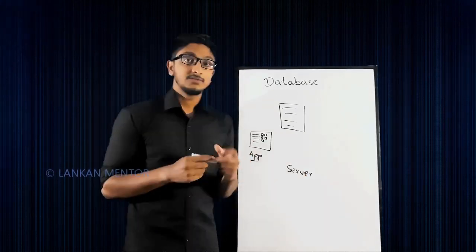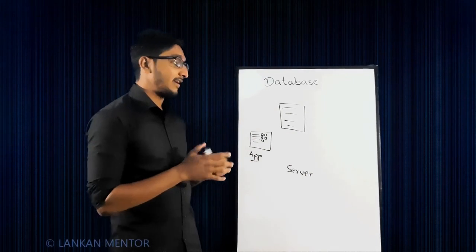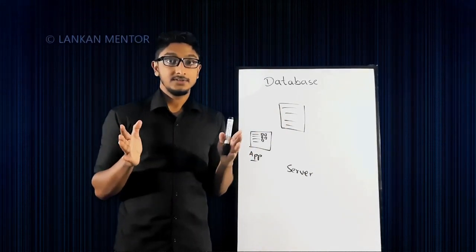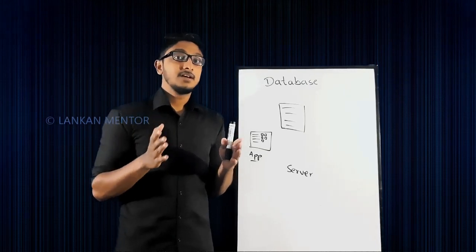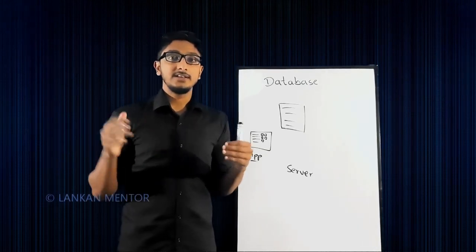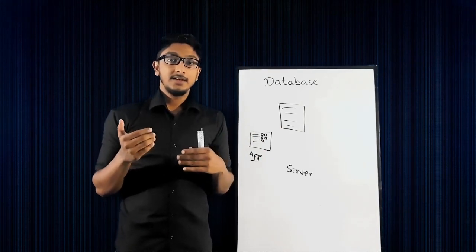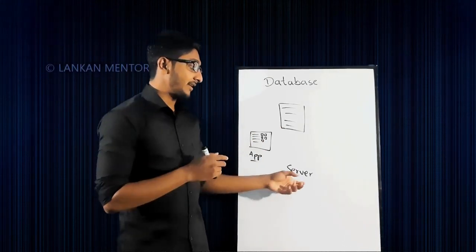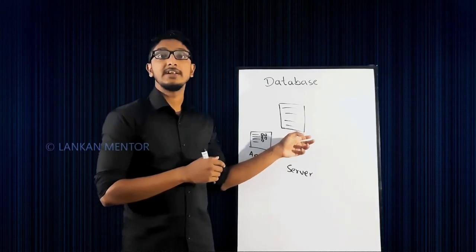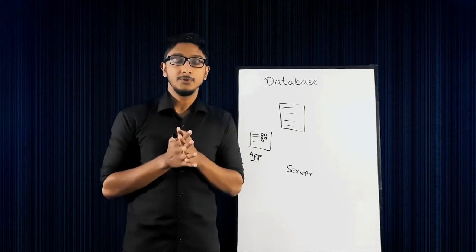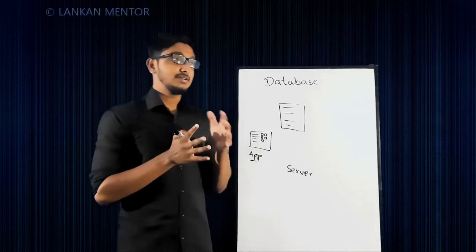The server computer will have this database, the main database. So what will happen when each and every teacher in each and every class is updating the data? Those data will get updated in the server machine, the database in the office, right? The main computer.